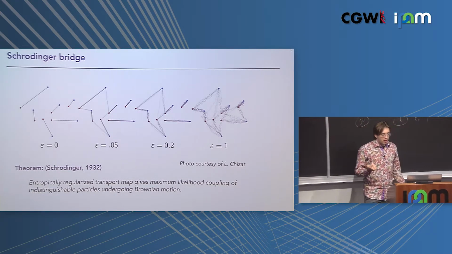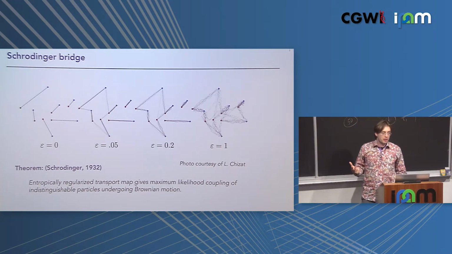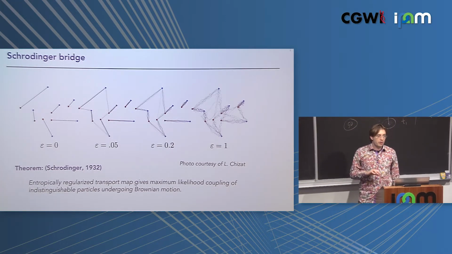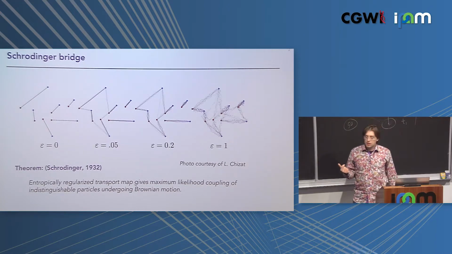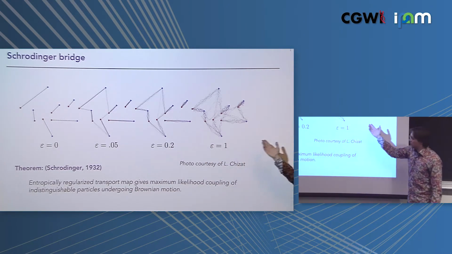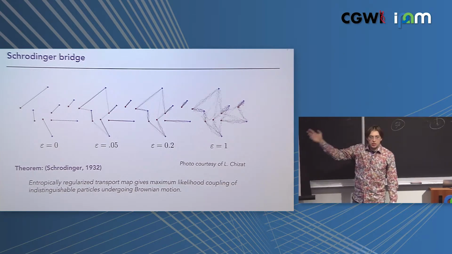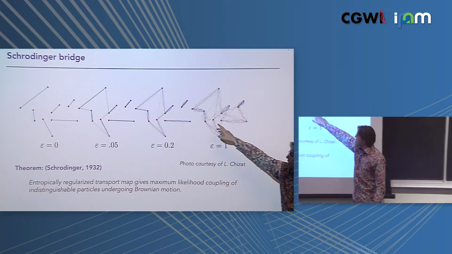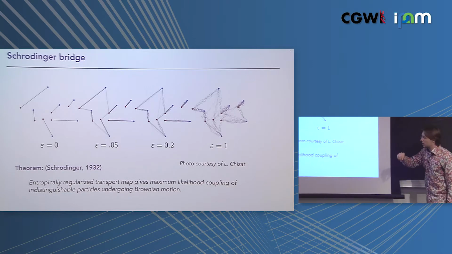Depending on the diffusion coefficient of the Brownian motion, you might be more or less confused about which particle went where. Here I'm showing Brownian motions with different diffusion coefficients, conditioned on the event that they start off in the red positions and end up in the blue positions.